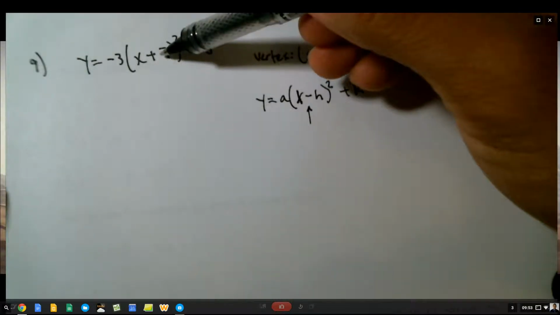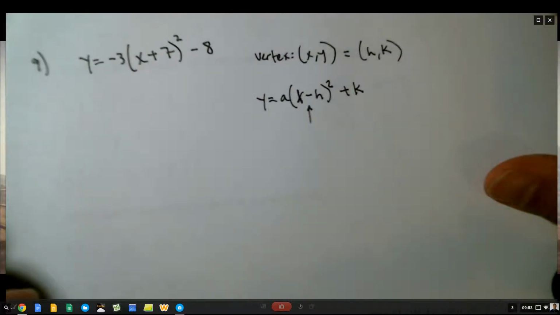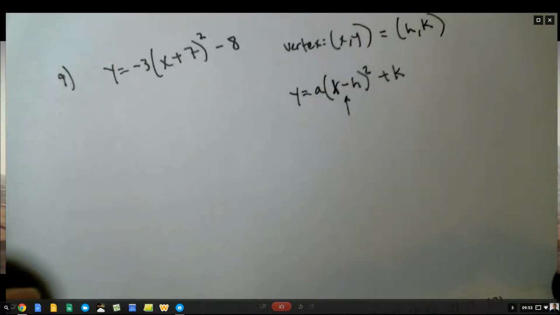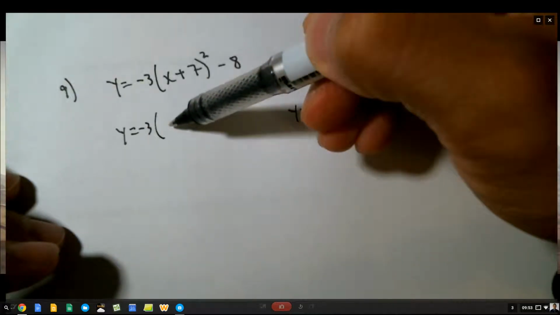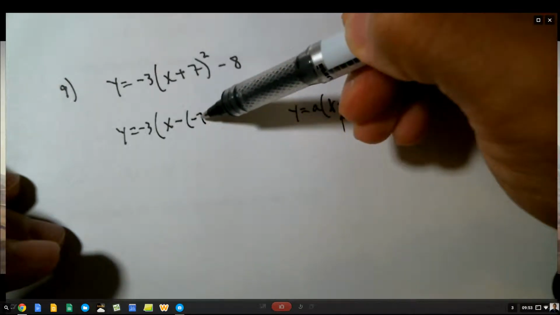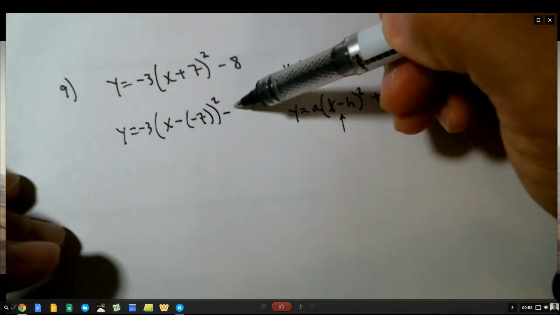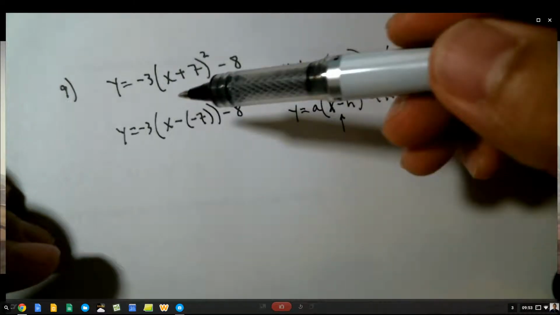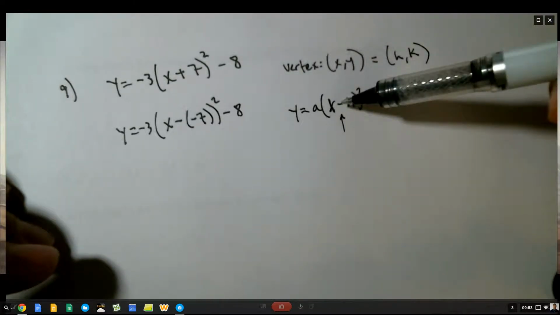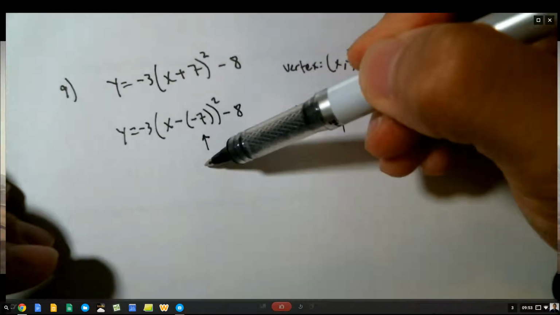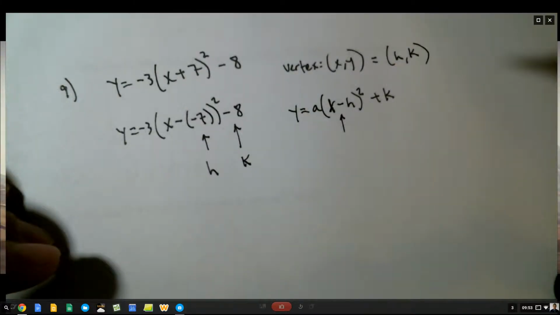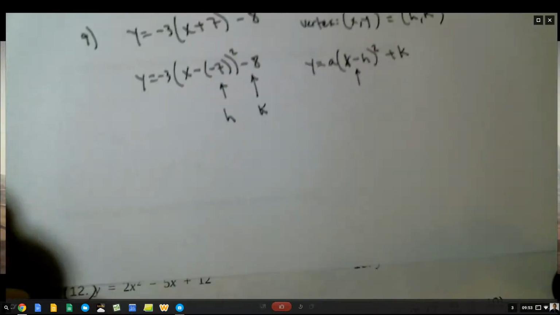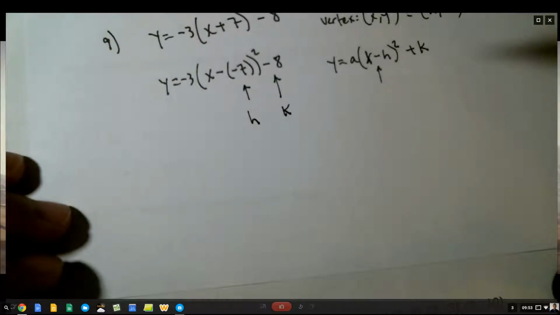Here we have a positive, so we change this to y equals negative 3 times (x minus negative 7) squared minus 8. Now the h value is in fact negative 7 and the k value is negative 8. So now we have our vertex.